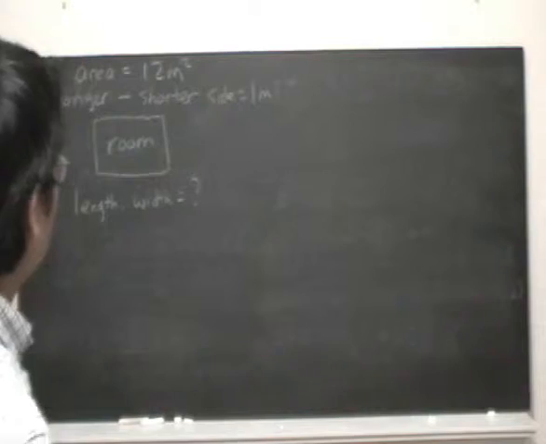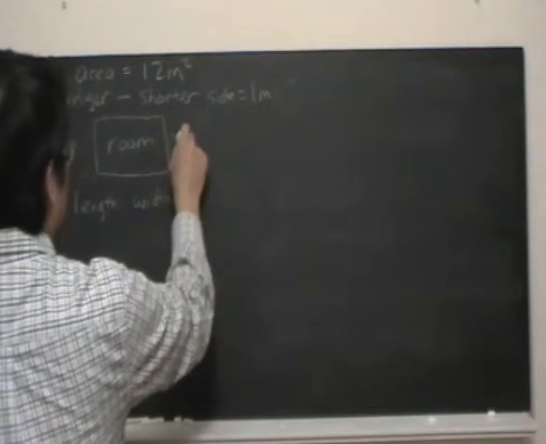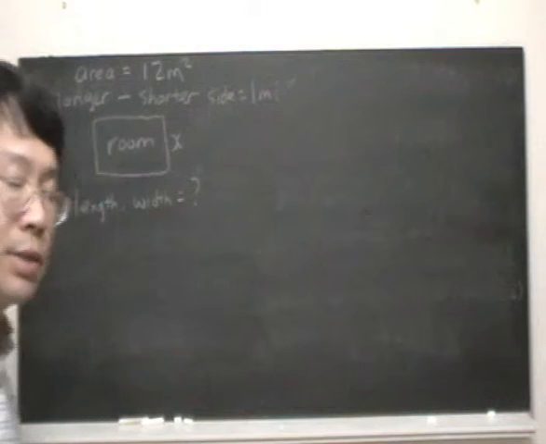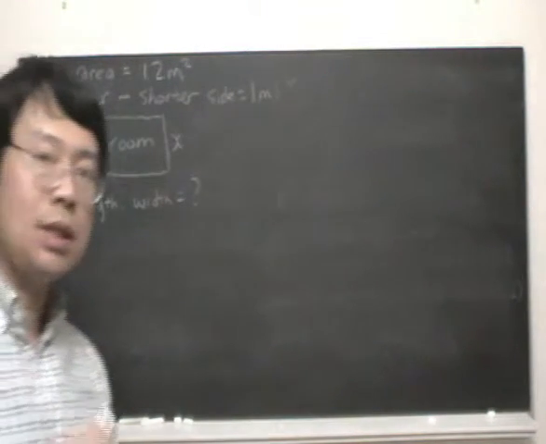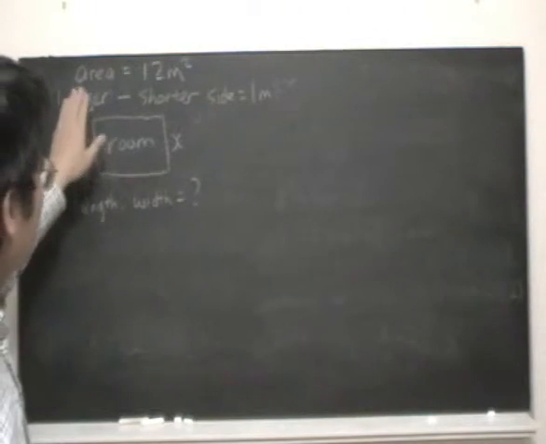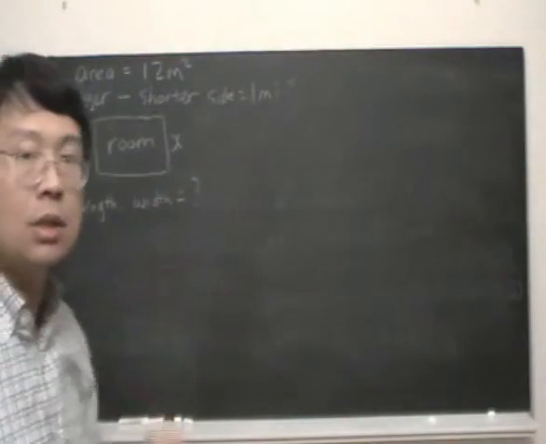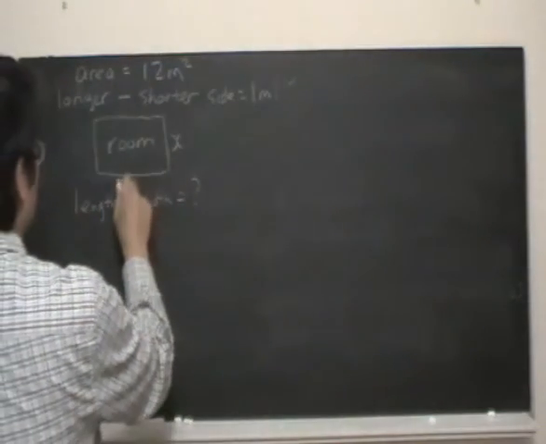So let's start by saying, we let the shorter side be x. So if the shorter side is x, then we know that the longer side minus the shorter side is equal to 1.